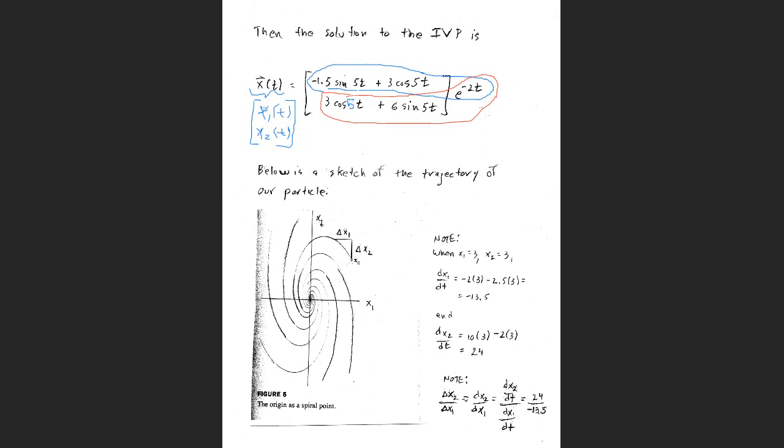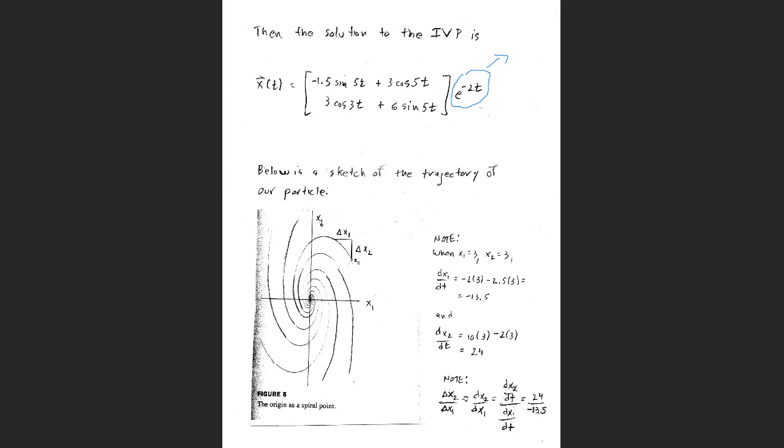So now the origin here is a spiral point. It's a spiral point, but the origin is an attractor, because look at this e to the negative t. What happens to e to the negative t as t goes to infinity?